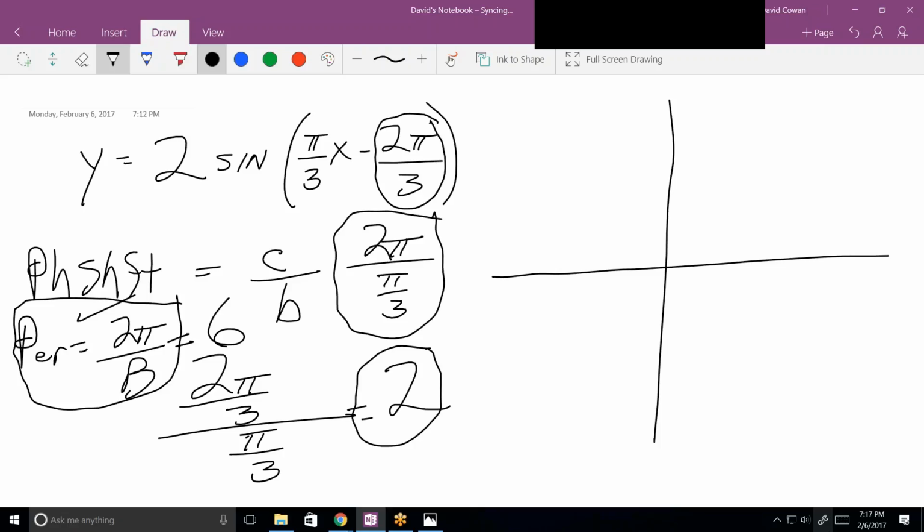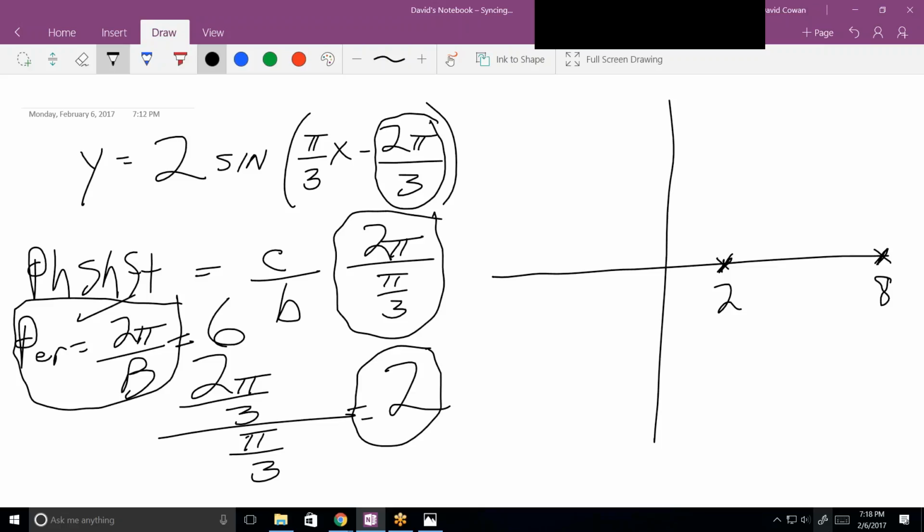That means we have to use the phase shift, which would be 2 to the right. So there's 2. This is going to be our starting point. What's the end of it? What's the period? The period is going to be 6 to the right, so that's 8. Now quarter it up.